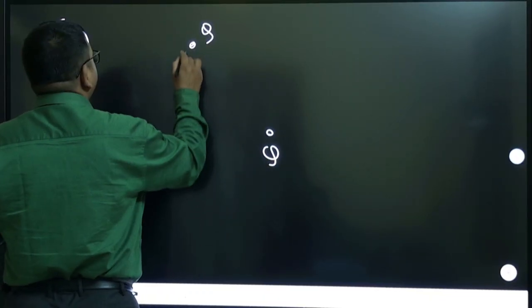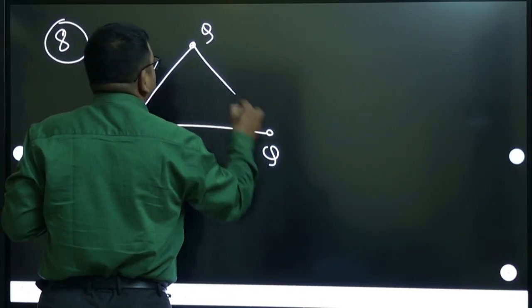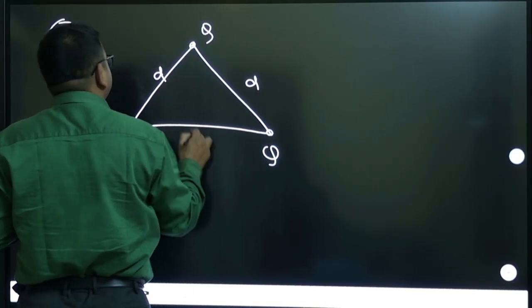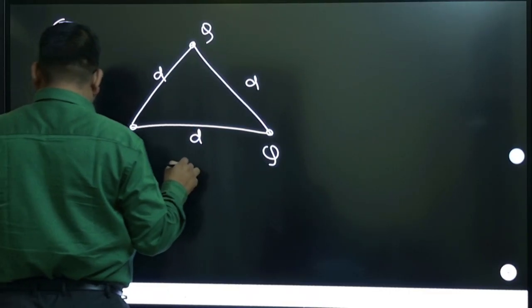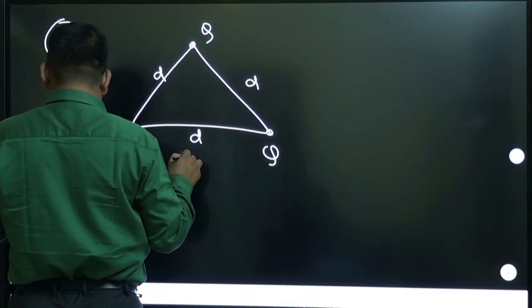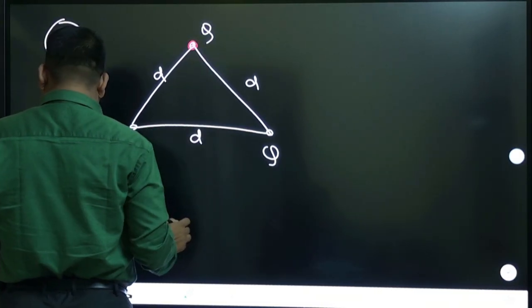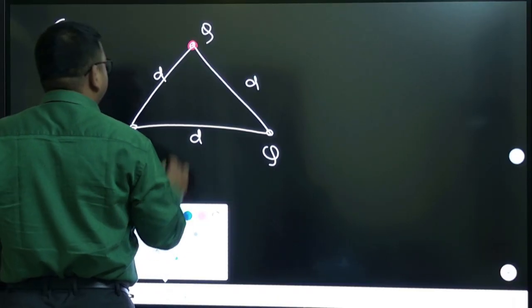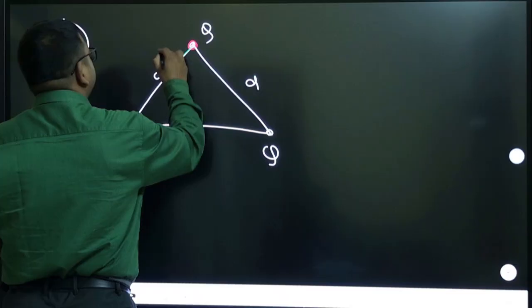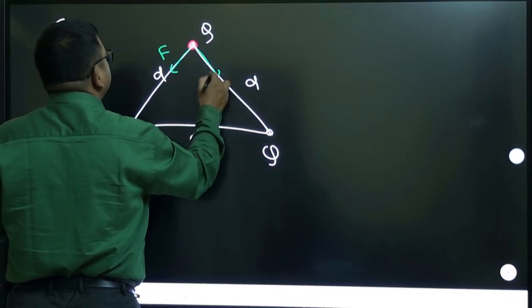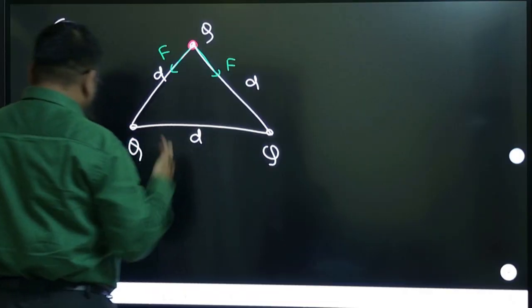This is from the topic of forces. d is the distance, right? We need to calculate the force on the top of the triangle. This force, you know, is kq square by r square. This also is going to be the same. Are they going to attract or repel?